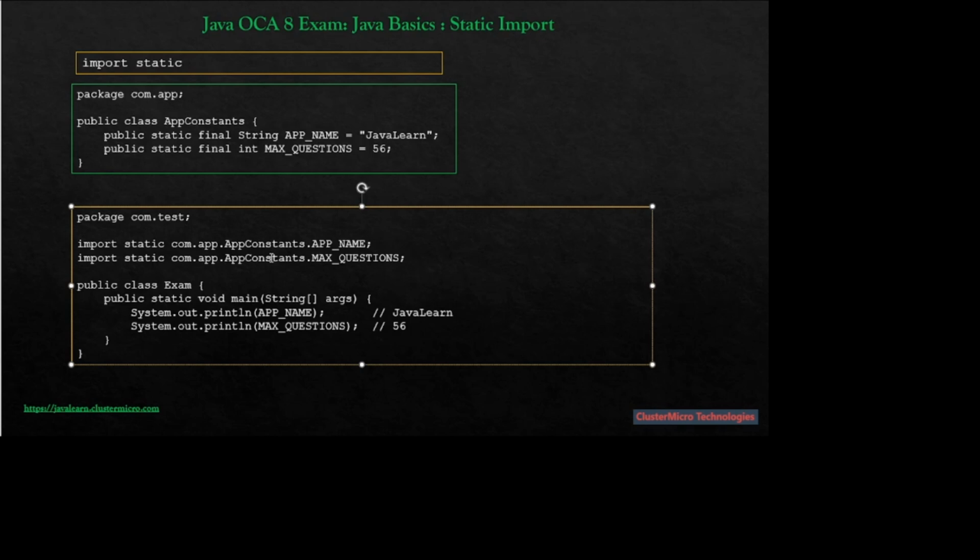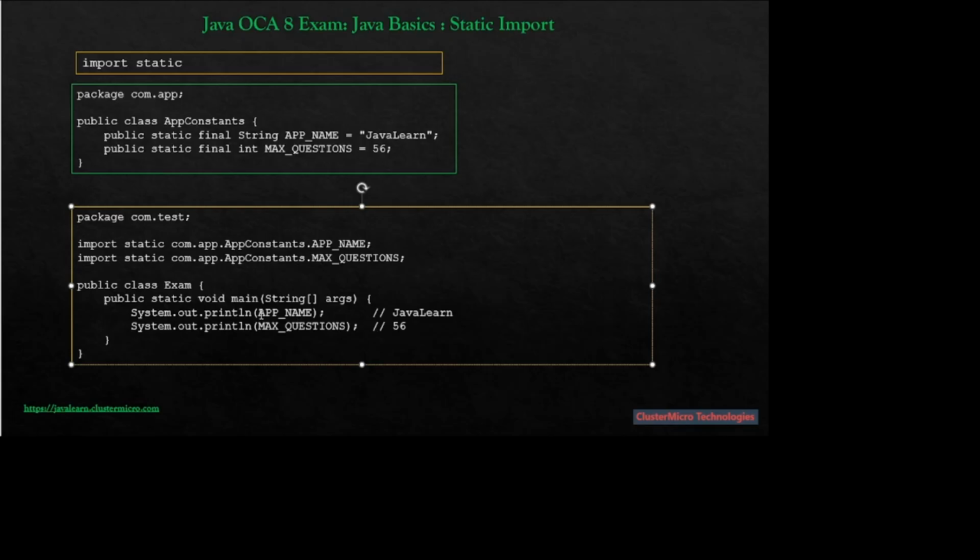So you can directly use those variable names here. Otherwise you would have to write the class name, then the variable name: AppConstants.APP_NAME, AppConstants.MAX_QUESTIONS. You don't have to do all that because you are using import static.